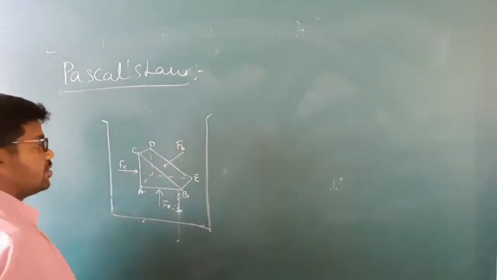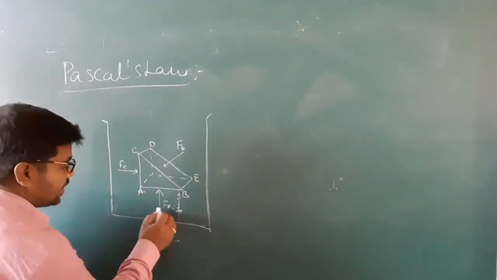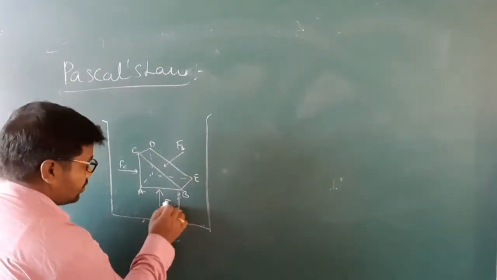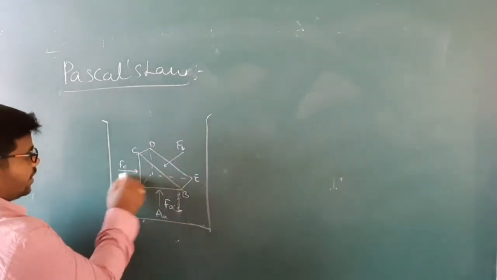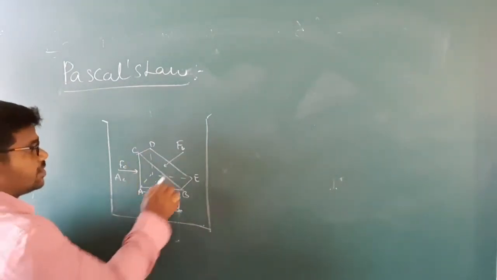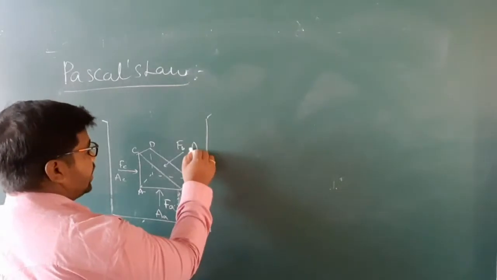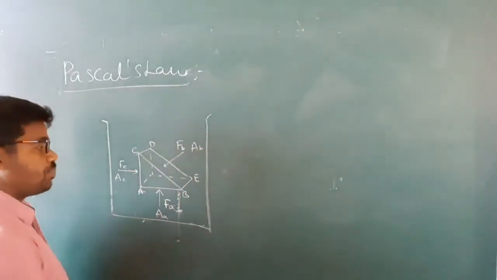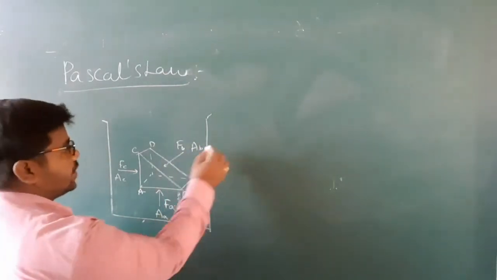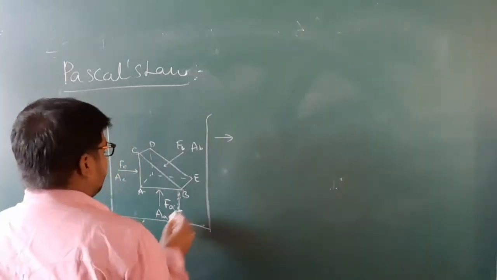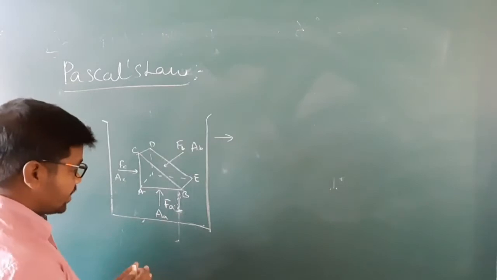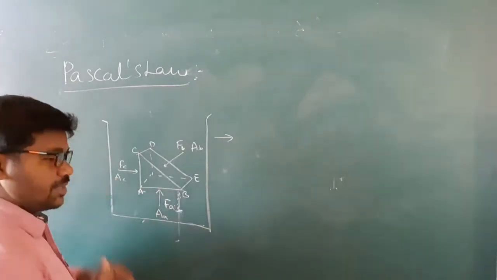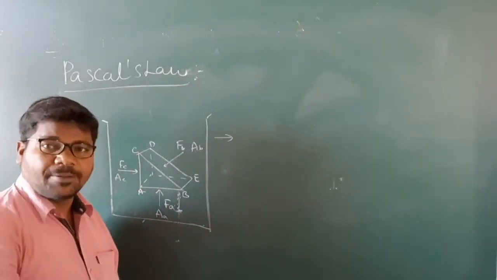Here the area is small a, here the area is small c, and here the area is small b. Here FB. We can represent FC and FA, the forces giving pressure at A and pressure at B, acting normally.